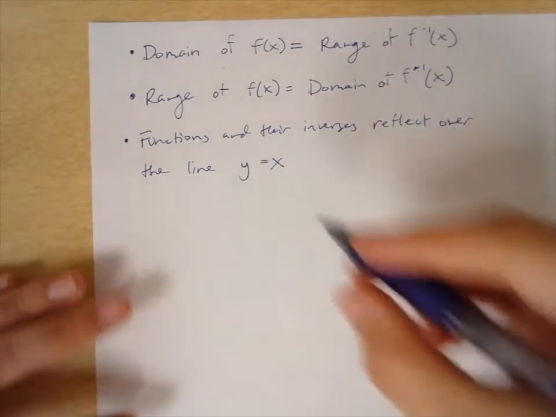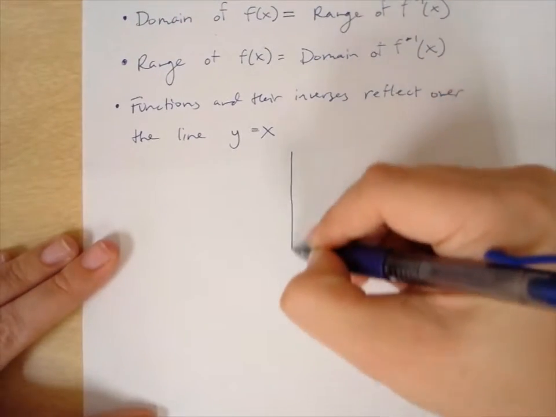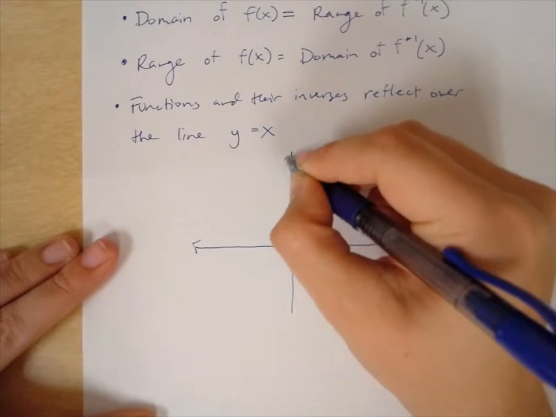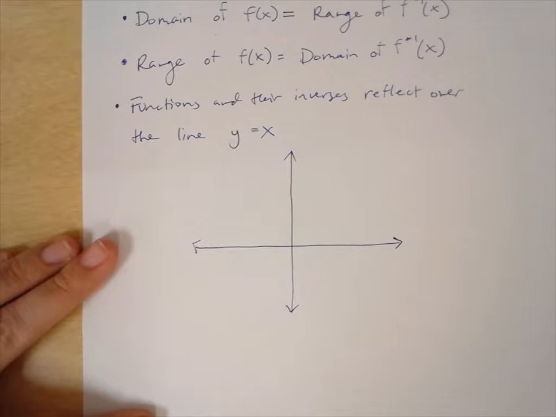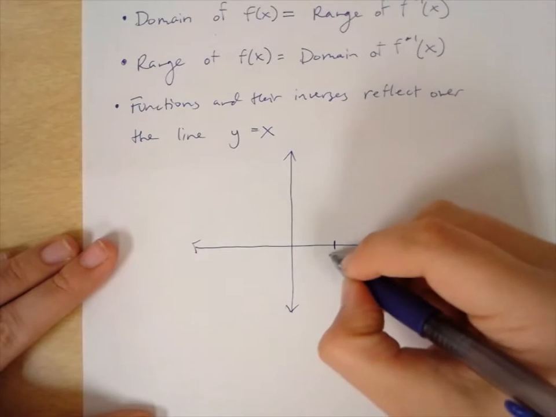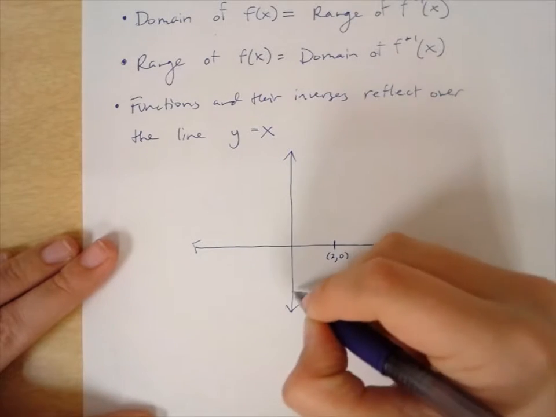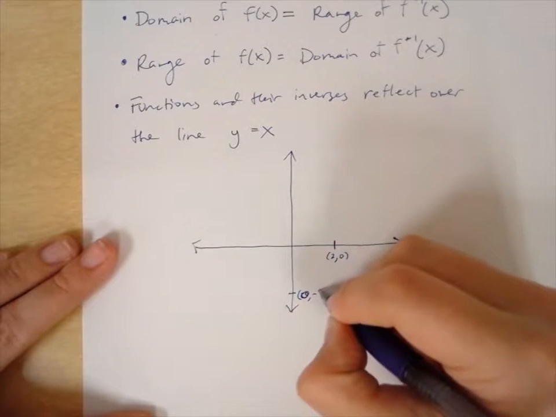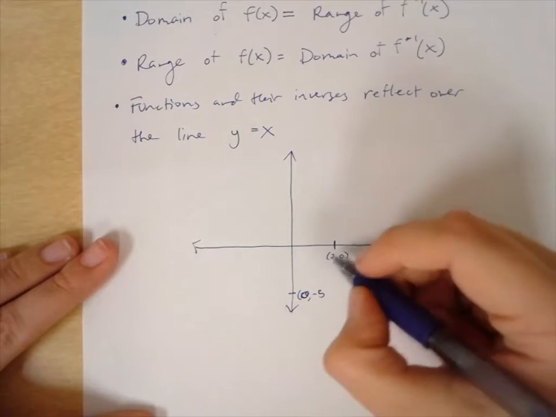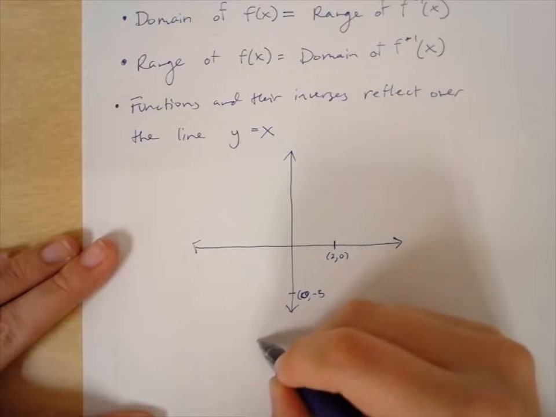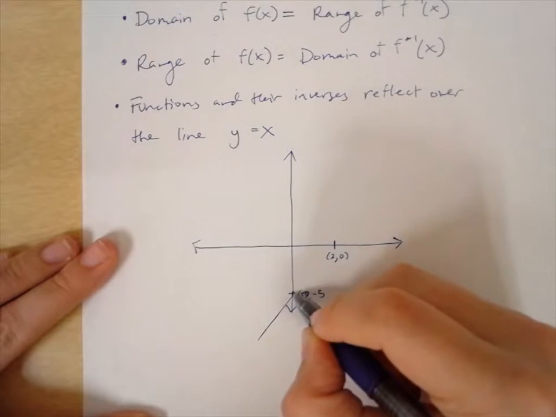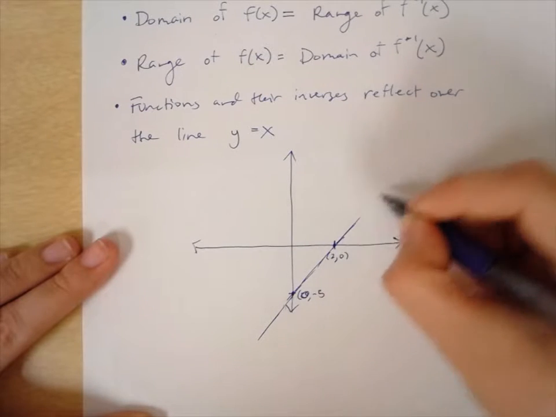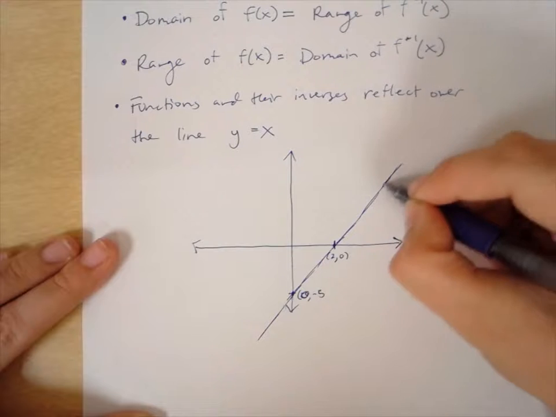So for example, if I had the following graph, let's say that I had a line with the point 2, 0, and 0, negative 5, and I had a line going through this point here. And I drew my line all the way out.